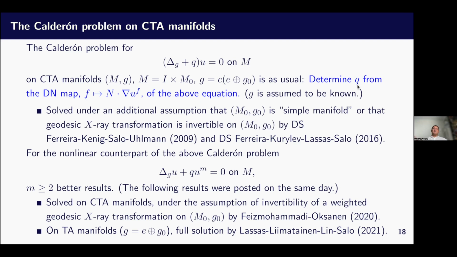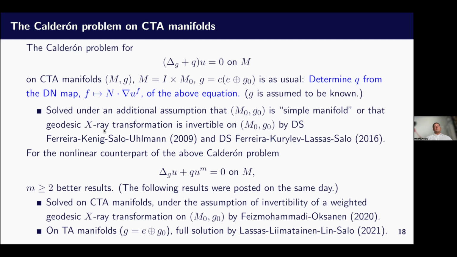And as I previously said, this was solved under the additional assumption that this M0, G0, that was called the transversal manifold, is a simple manifold, which basically means that geodesics can only intersect once, or that the so-called geodesic X-ray transformation is invertible on this transversal manifold.